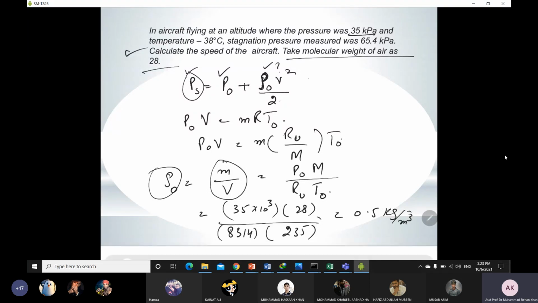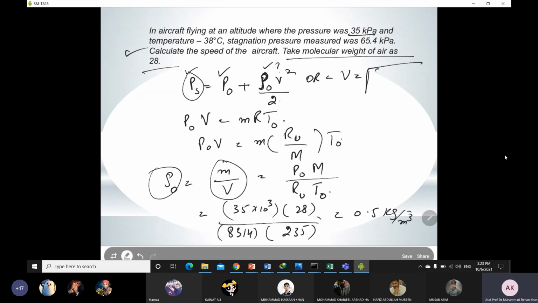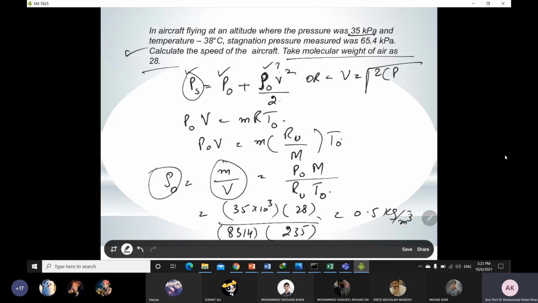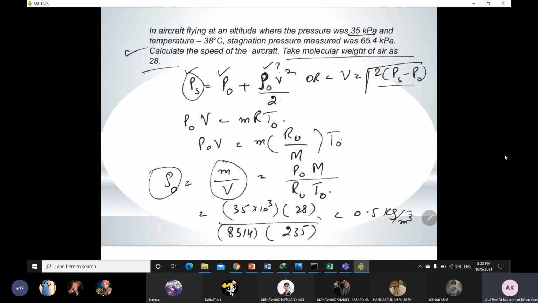Simplifying further, we can also write this equation for velocity: velocity is equal to the square root of 2 times stagnation pressure minus p naught, divided by rho naught. I have just simplified this equation.